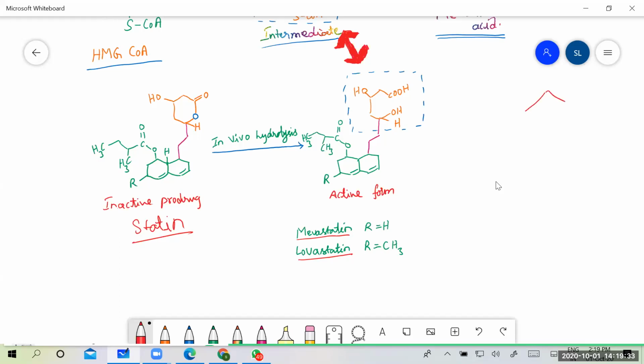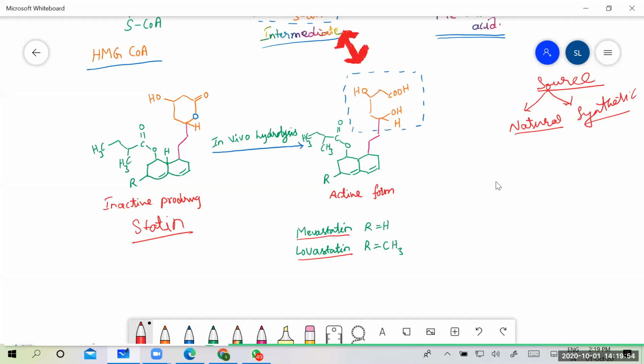Can anybody answer? One is the natural statins and the other is the synthetic statins, based on the source from which the compound is obtained.